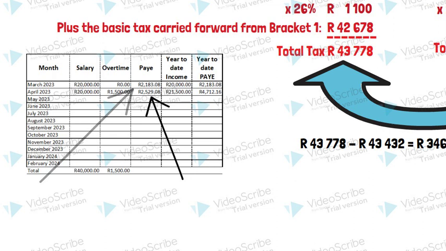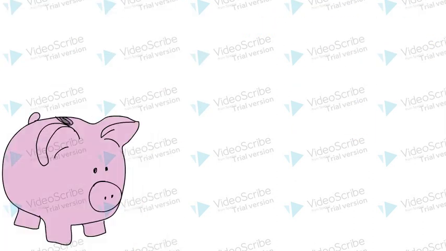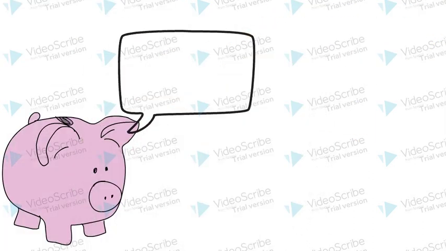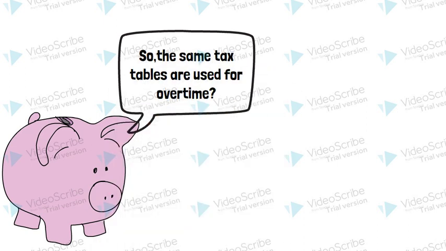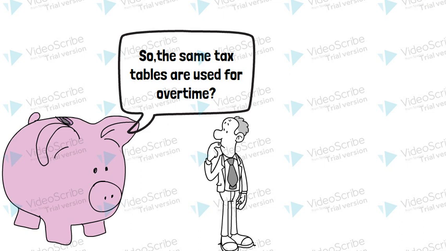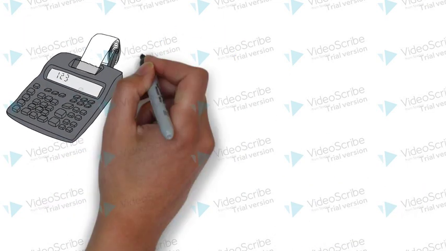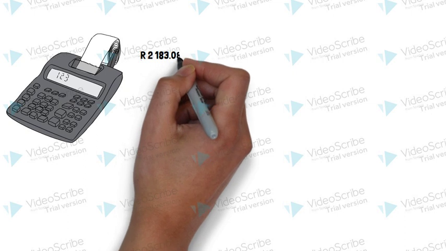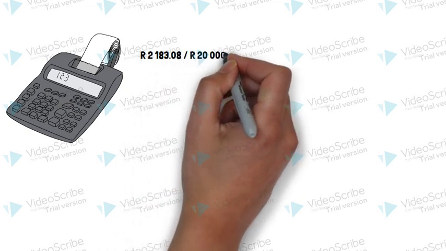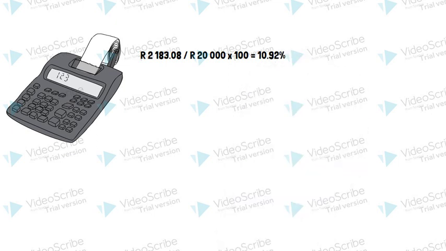Have you noticed that we did not use a different tax table to calculate the tax on the overtime? You might say, wait a minute, that doesn't seem correct. So let's calculate the effective tax rate. The 2,183 Rand and 8 cents represented 10.92% of the 20,000 Rand salary.